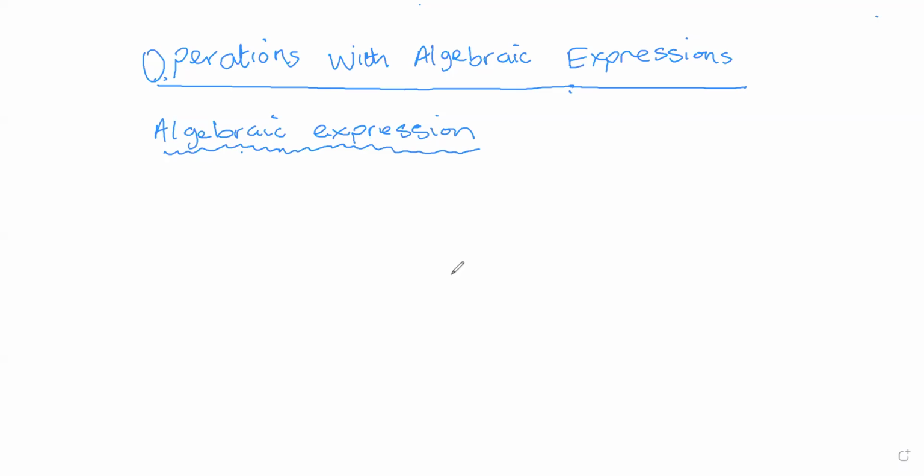So today we are looking at section 0.4, which is algebraic expressions, or operations with algebraic expressions. An algebraic expression is simply an expression that is formed when numbers and symbols are combined using the operations of addition, subtraction, multiplication, division, exponentiation, and extraction of roots.